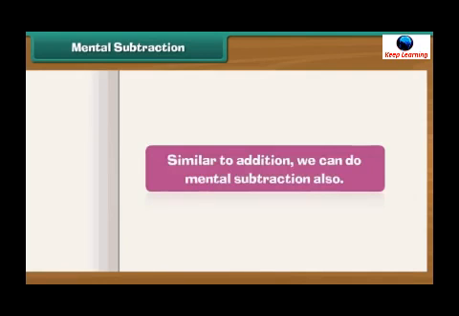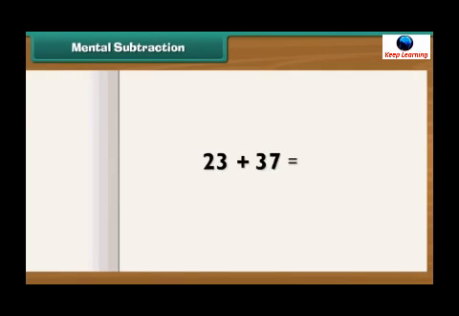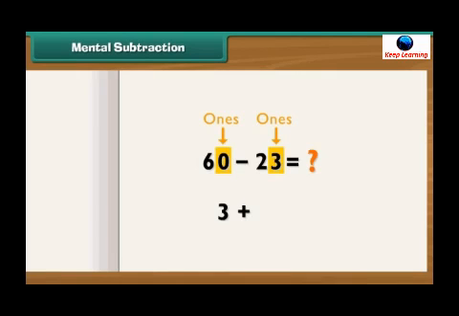Mental subtraction. Similar to addition, we can do mental subtraction also. In addition, we are given two numbers and we have to find their sum. But in subtraction, we are given the sum and we have to find one of the numbers. The ones place of 60 is 0 and ones place of one of the numbers is 3. So we have to find what should be added to 3 to make it 10. 7 is to be added to 3 to make the sum 10.